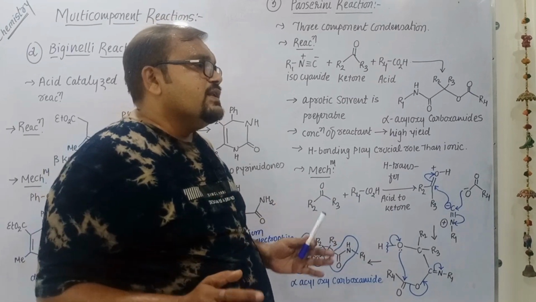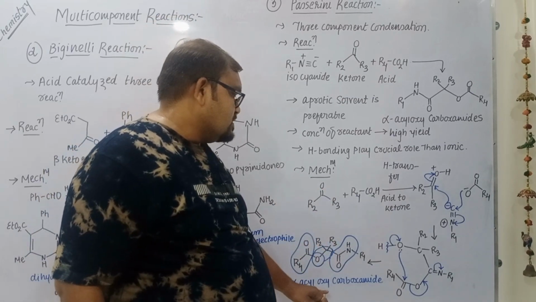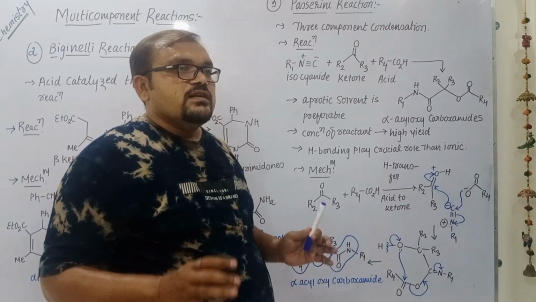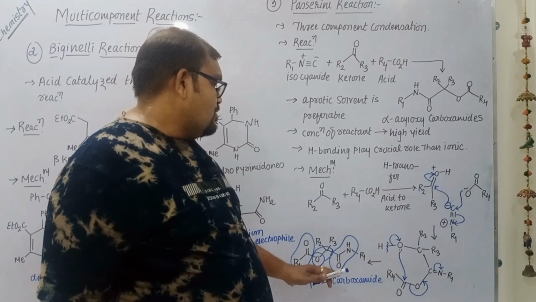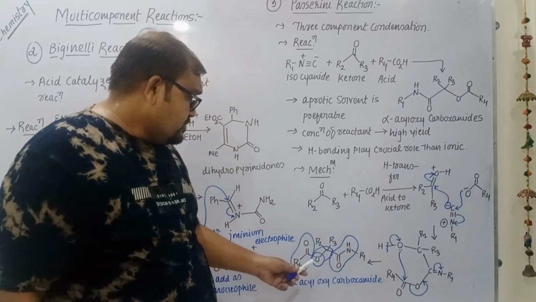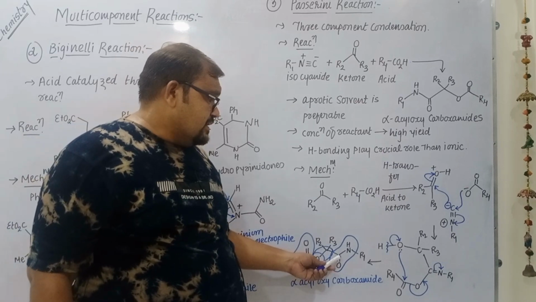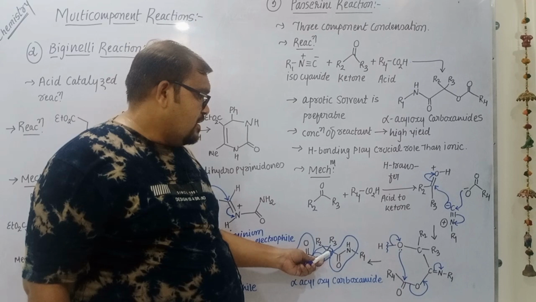So we will get our desired product, that is alpha acyloxy carboxamide. Now why is this product known as alpha acyloxy carboxamide? As we discussed in an earlier lecture, the position next to the carbonyl is known as alpha.